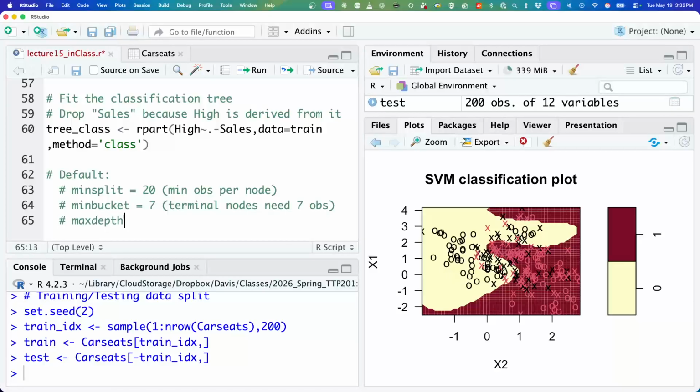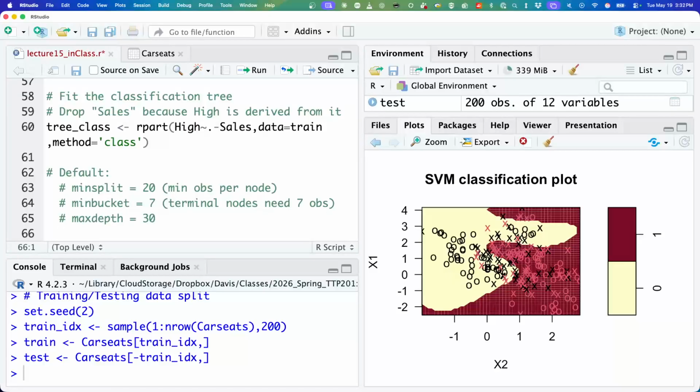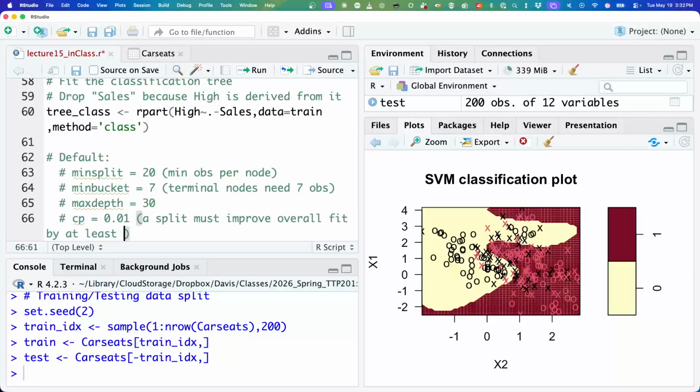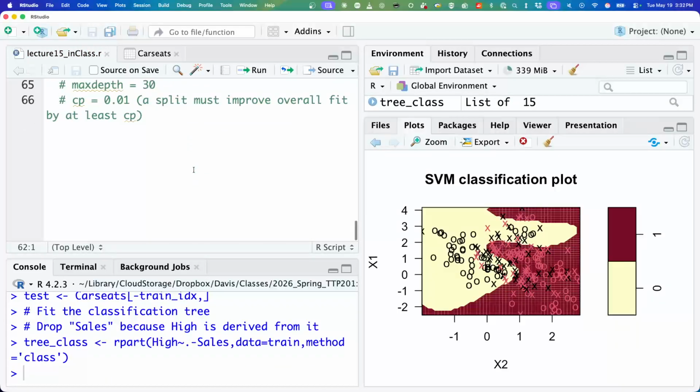Max depth is equal to 30, and then probably the most important one is CP. This is the impurity metric, 0.01. A split must improve overall fit by at least CP. Okay, so run this.